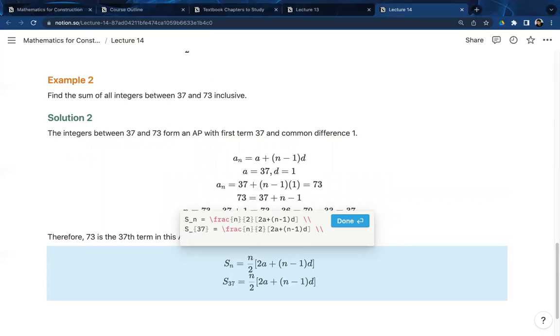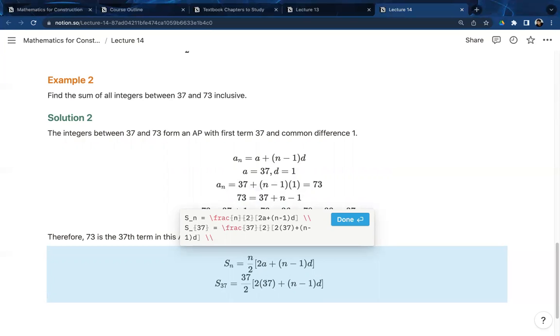So it turns out we had to find S37, right? So that is 37 over 2, 2 times 37. Plenty of 37s here, wow. Plus (n minus 1) times d, which is 1.